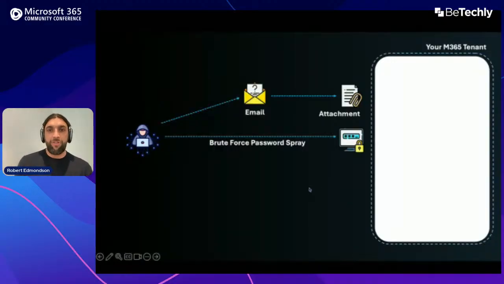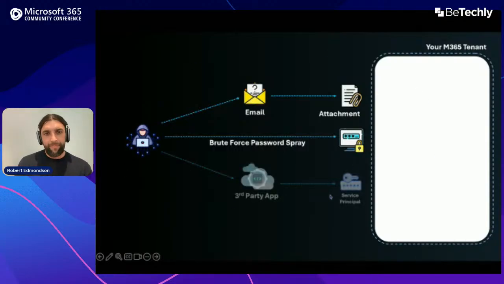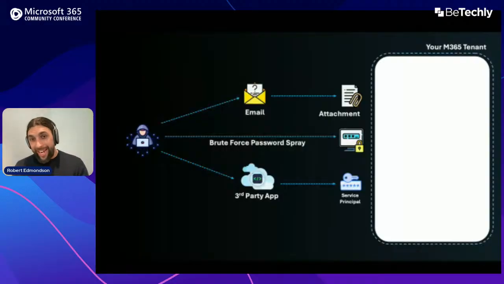What I want to do is introduce new information that explains why, despite the fact that as an industry we do reasonably well here, there are still gaps. The first one of these is an OAuth consent phishing attack. I'm going to cover this in more detail on the next slide, but suffice to say this is a very clever form of phishing which allows an adversary to get access to your environment.